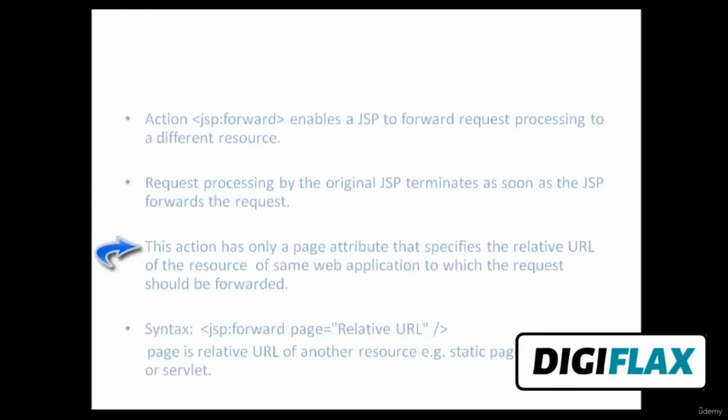This action has only a page attribute that specifies the relative URL of the resource of the same web application to which the request should be forwarded. Syntax is given below. A relative URL of the page, it can be a static page, JSP page or a servlet.